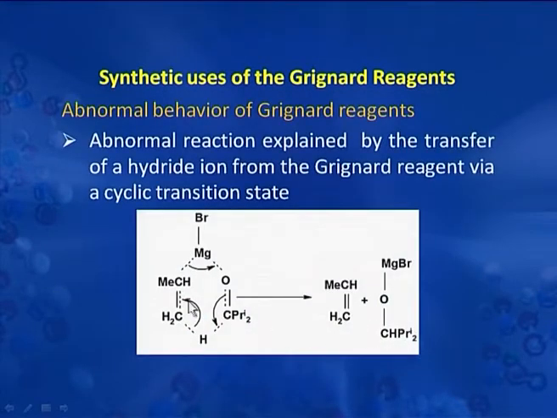This abnormal reaction is explained by the transfer of hydride ion from the Grignard reagent via a cyclic transition state. This is a cyclic transition state.